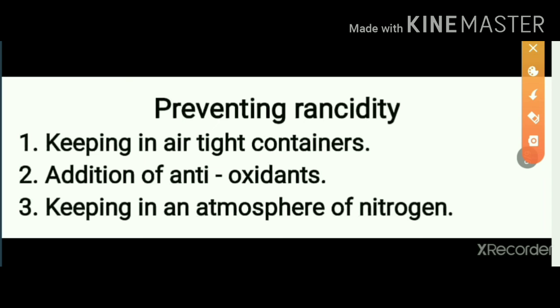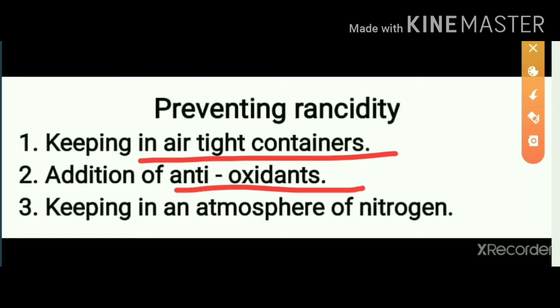Then how to prevent rancidity? Keep oil or fat containing food items in airtight containers. Add antioxidants. And keep them in an atmosphere of nitrogen.